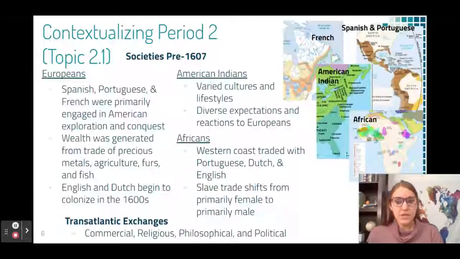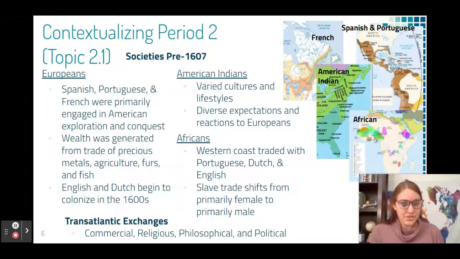So first, contextualizing Period 2. When we look at societies before 1607, you can see based on those maps where some of the prominent societies are located, as far as the ones that apply to the APUSH curriculum. So the Spanish, Portuguese, and French were the primary colonizers of the Americas. The English and the Dutch don't really enter into prominence until later on, so well into Period 2.